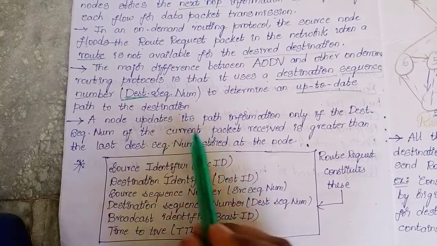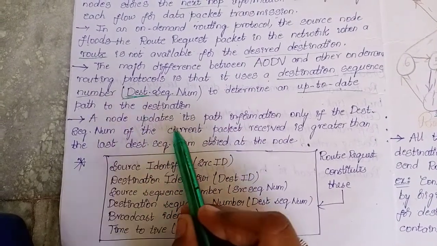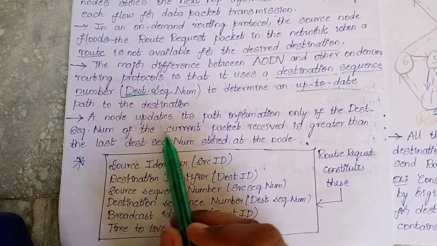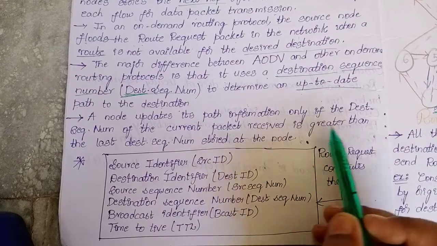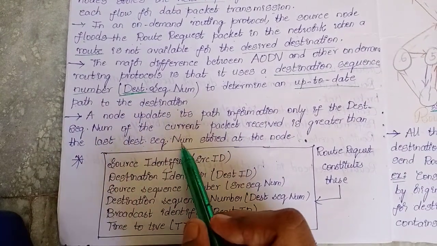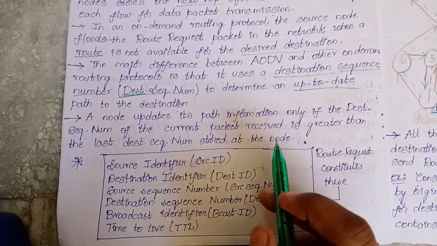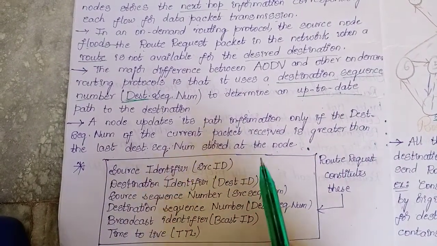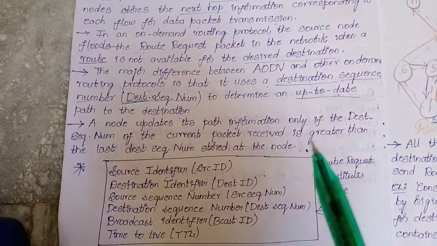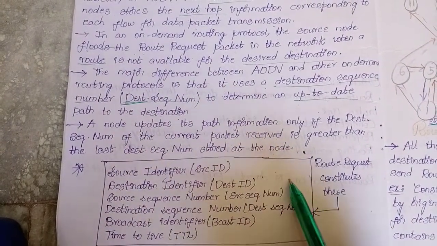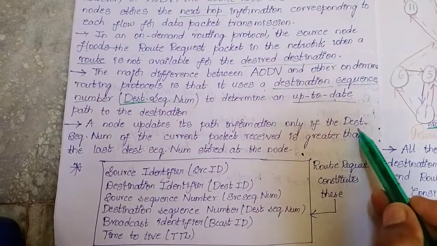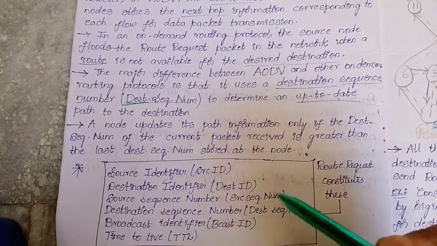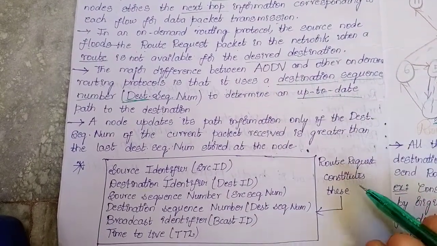A node updates its path information only if the destination sequence number of the current packet received is greater than the last destination sequence number stored at the node. As I have already told you, the sequence number must be the greatest one when a node receives a packet. Here, the destination sequence number of the current packet must be greater than that of the previously received packet.